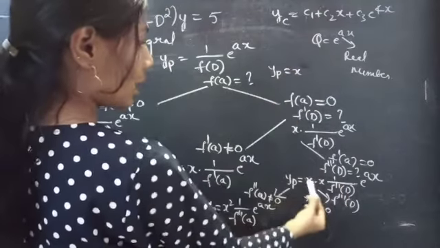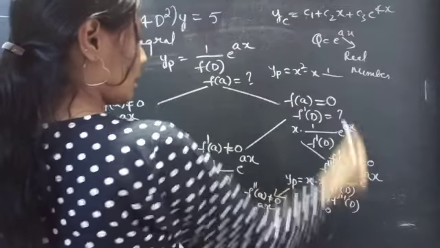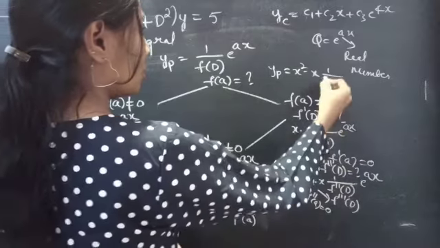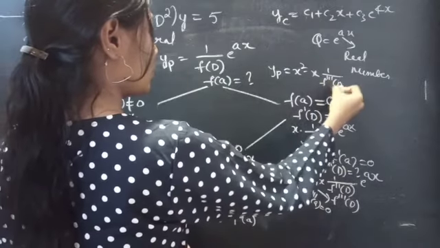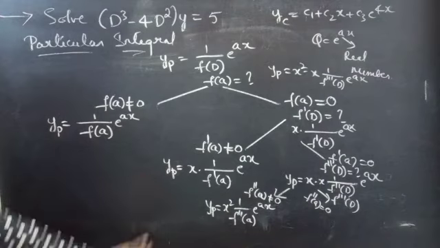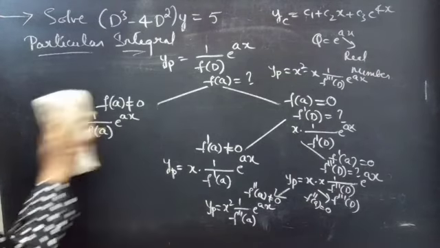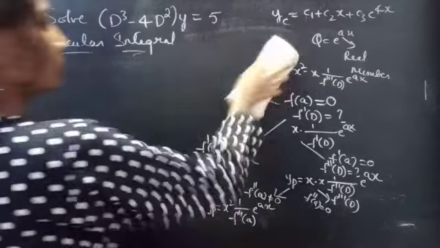Since you're having x square, you'll include one more x. Okay, and so on. So this is the actual procedure to find yp.